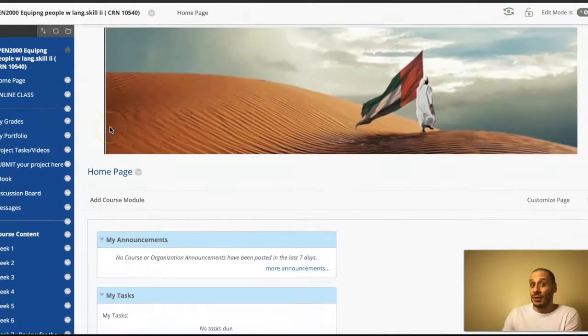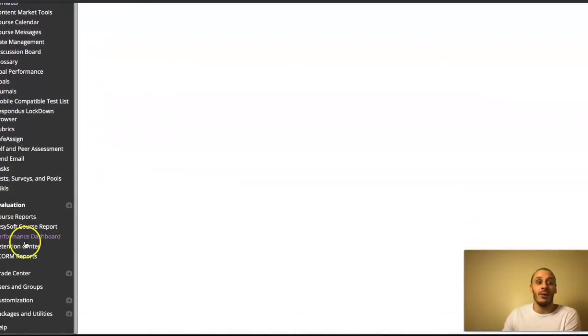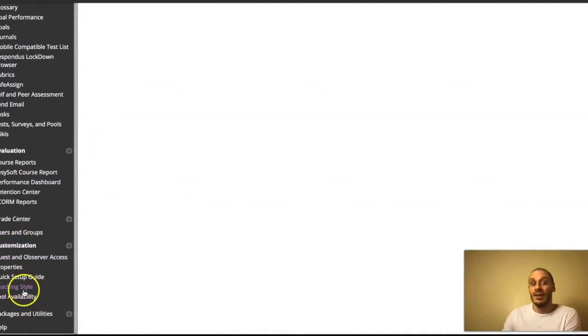If you want to put a picture here, the way to do it is customization and teaching style. When you get in there, there's an option to change the picture, to add a banner. That's called a banner. The only problem I have with it is the picture size is a bit trial and error.